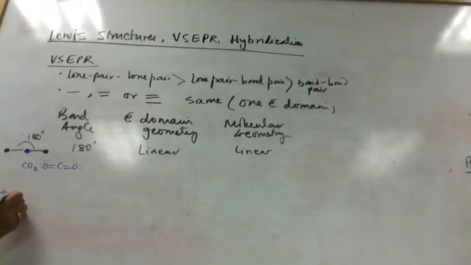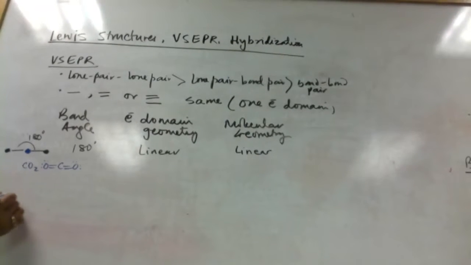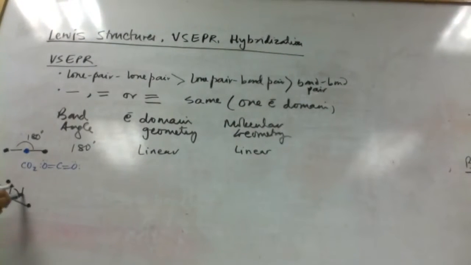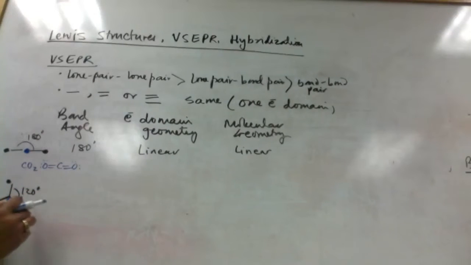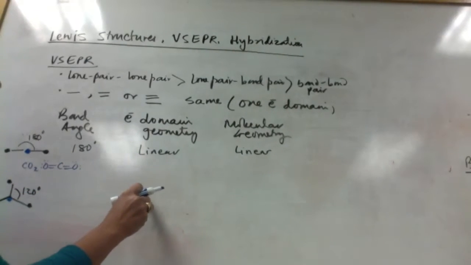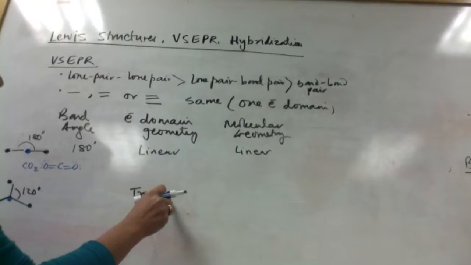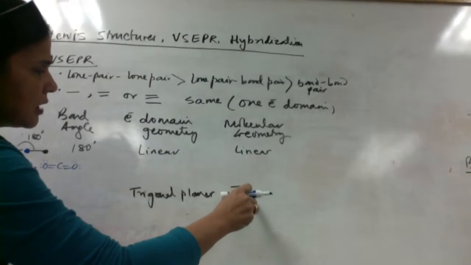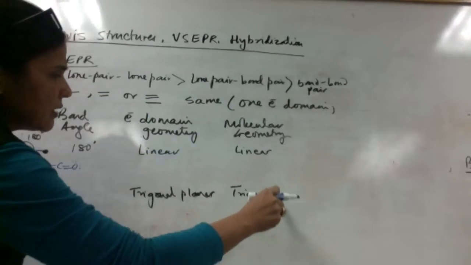The second type is when you have a central atom and you have three side atoms all in the same plane. They are in the plane of this whiteboard, and the bond angle in that case is 120 degrees. And because there are no lone pairs here yet, the geometry is trigonal planar and trigonal planar.